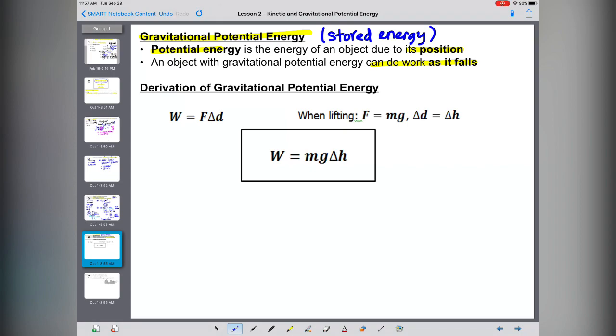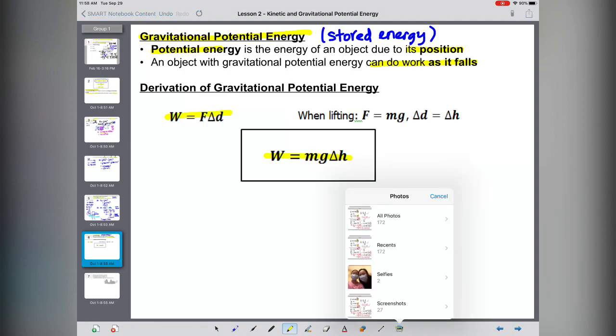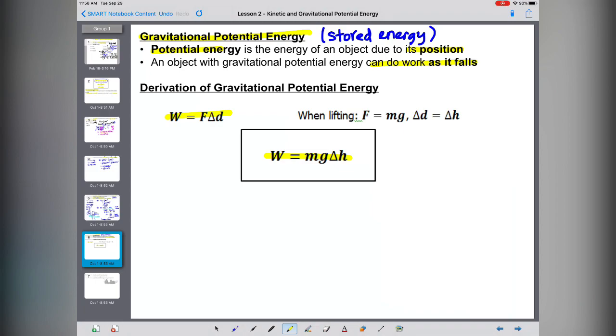And so the equation derivation is fairly straightforward. It started off with work is force times displacement. Since I know that when I'm lifting something, the force is mg, and delta d is specifically the height, we just plug it into the equation. Work is mg delta h.